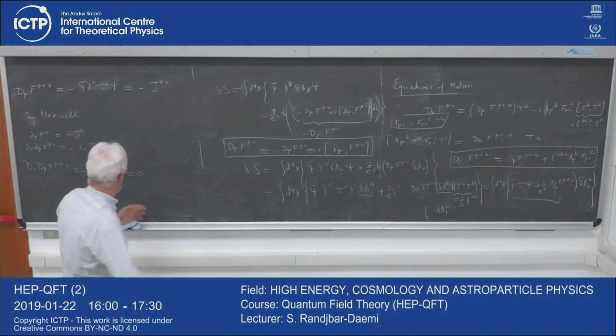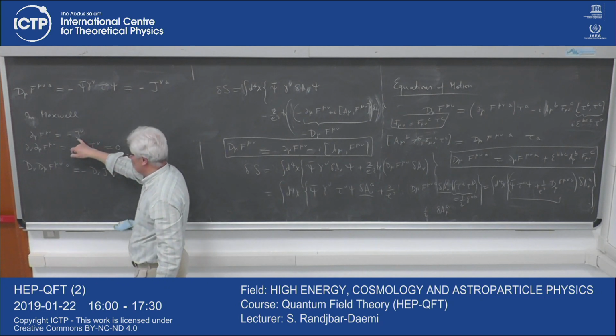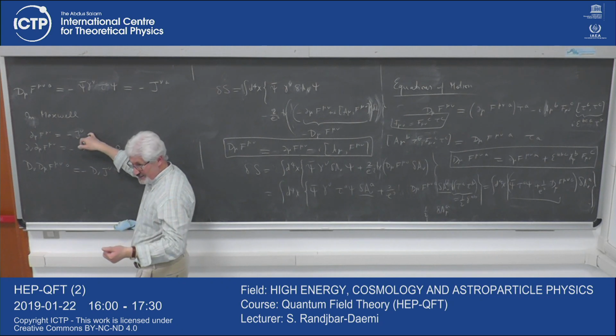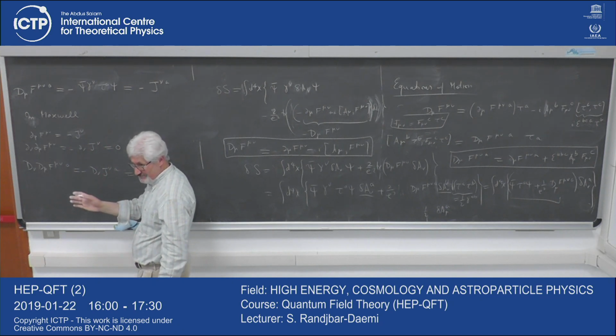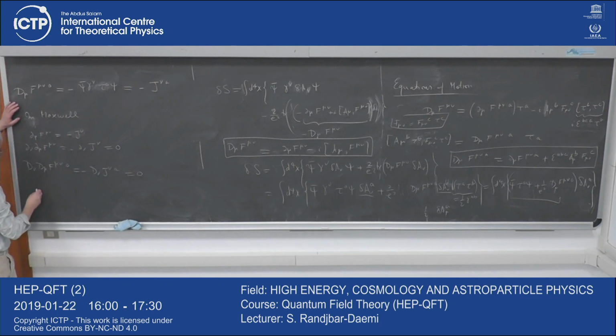Those extra terms you can shift to the right-hand side and define another current, which will be this one, plus the contribution coming from the self-interaction of the gauge field. And if you hit with an ordinary derivative, you will get 0. That means expand this equation and write it as d mu F mu nu A plus other terms.